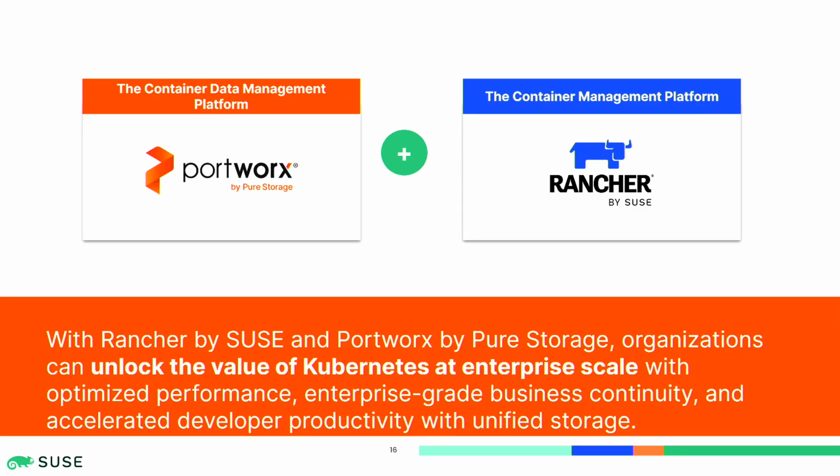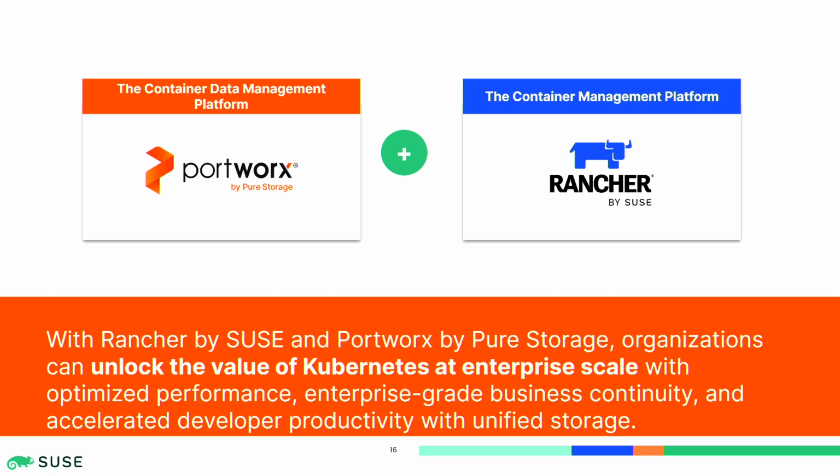So, yeah, together with Rancher, you can just unlock what Kubernetes can provide you. So we can provide you a stable storage platform for your clusters. And we heavily focus on business continuity and developer productivity, meaning how long does it take for a developer to get storage on your clusters?